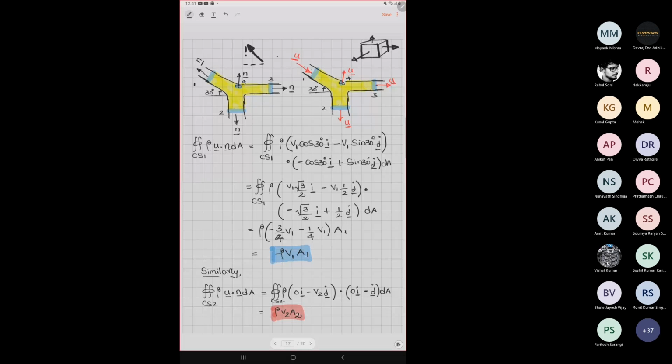If I resolve, it is minus cos 30 I plus sin 30 J. This is the normal vector to the surface, multiplied by the infinitesimal area. That is the way I should write.